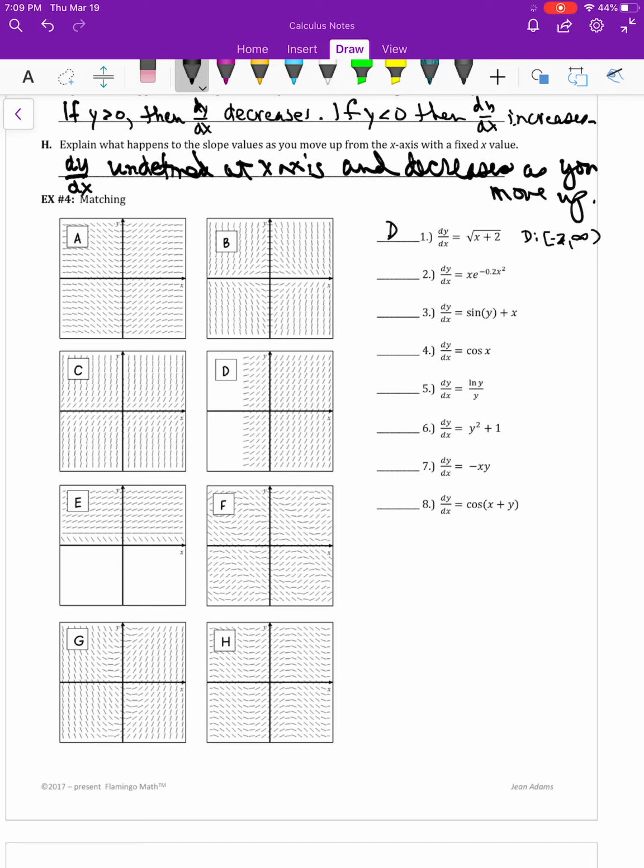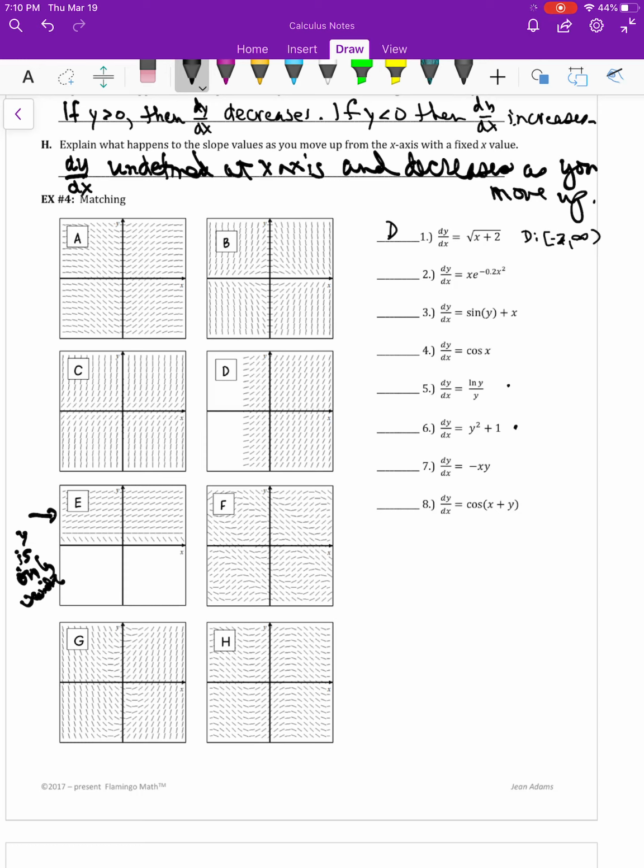If you look across horizontally on letter E, they're all the same. That's going to be your hint that y is the only variable. Is there any that have y as the only variable?